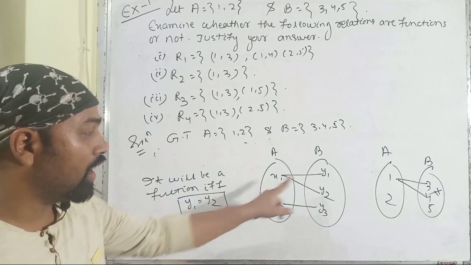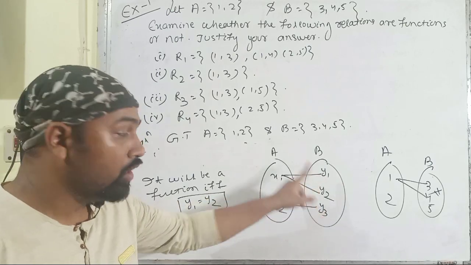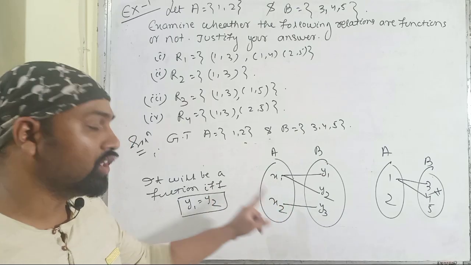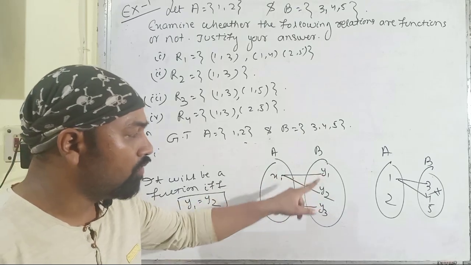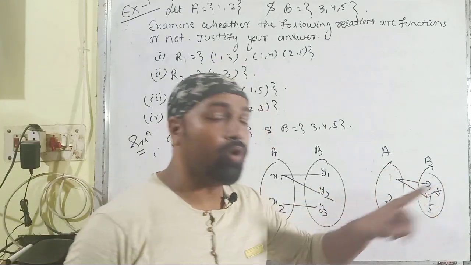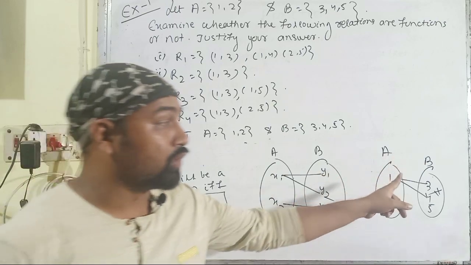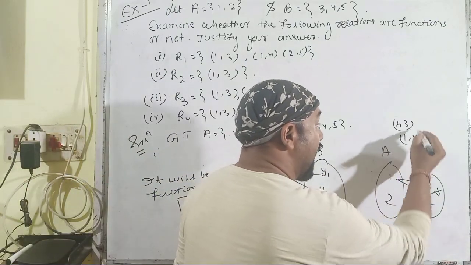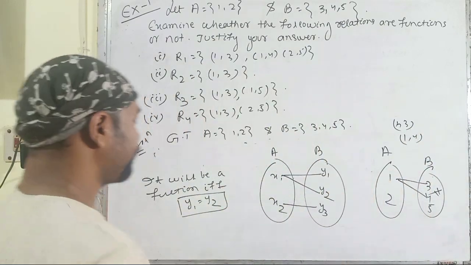We can call it a function only if the two images y1 and y2 are equal to each other. But here 3 and 4 are not equal, which means the ordered pairs (1, 3) and (1, 4) are different from each other.